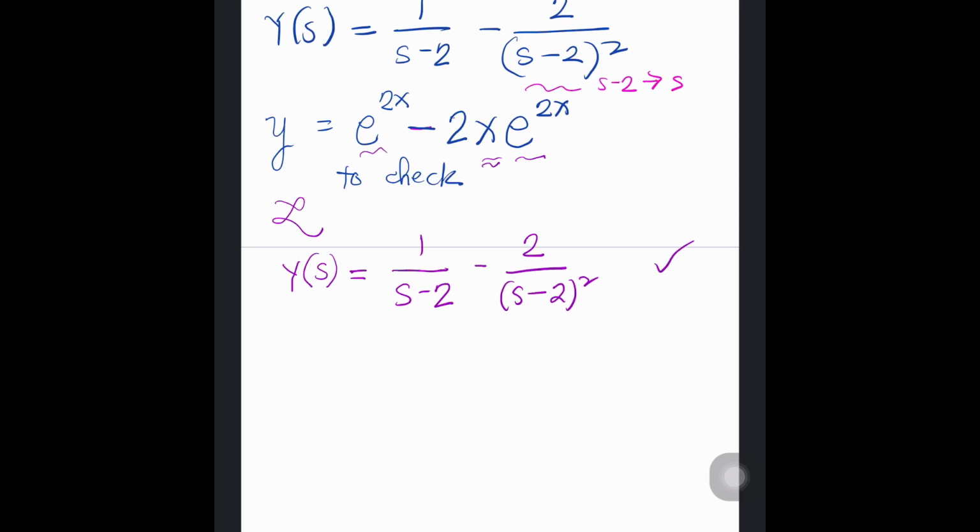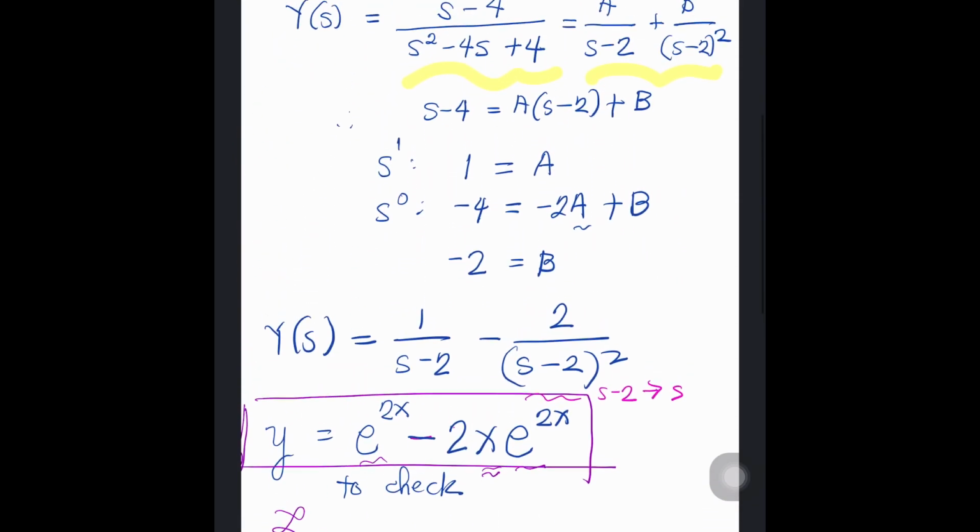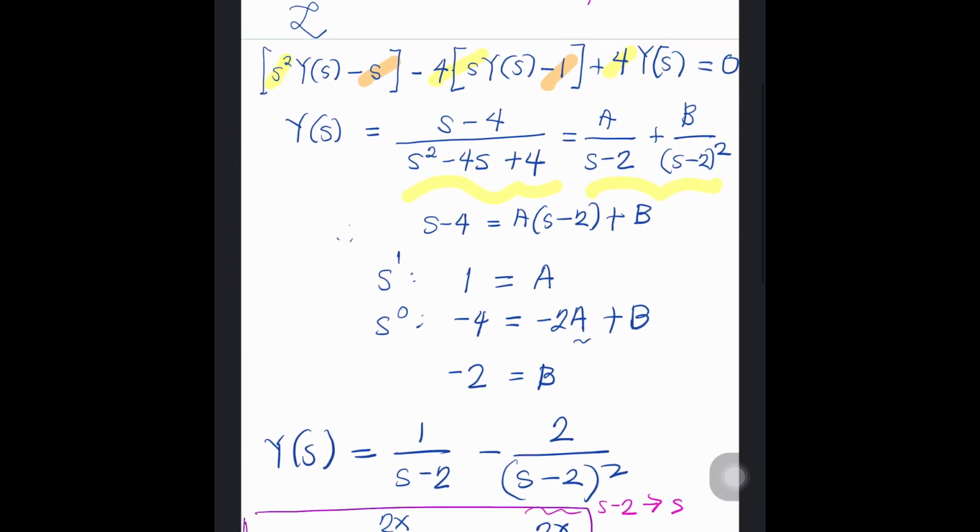So pretty much the same. So the answer is y equals e to the 2x minus 2x e to the 2x, from the equation y double prime minus 4y prime plus 4y equals 0.